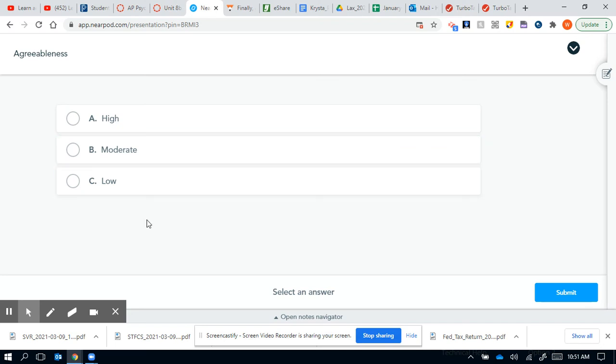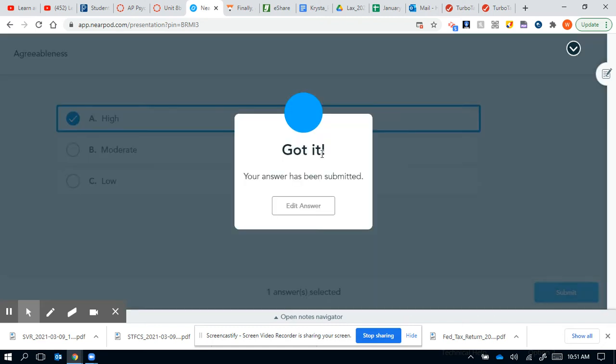Okay. All right, agreeableness. Where do you score on that? One person who is low agreeableness.